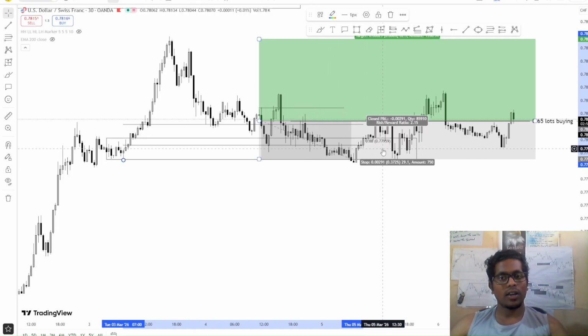I did not do that. I assumed this would be 20 pips instead of 30 pips, which is the mistake I made. I should have done the proper pip calculation, and then taken the lots.